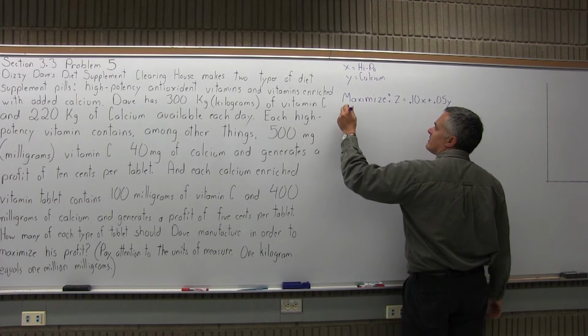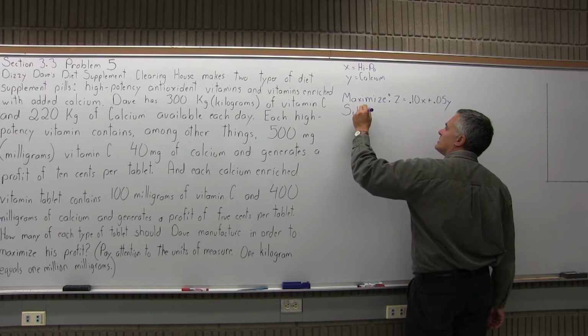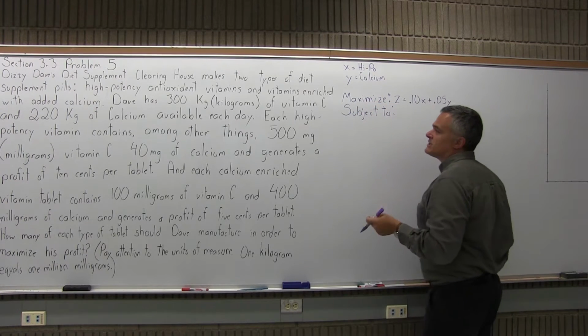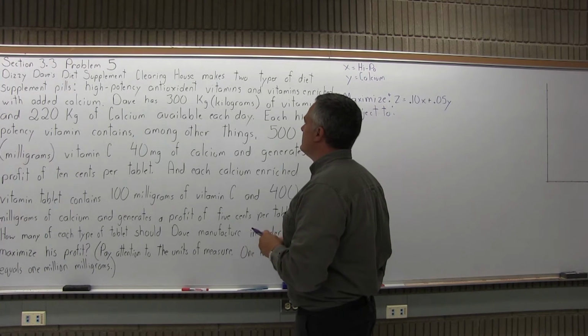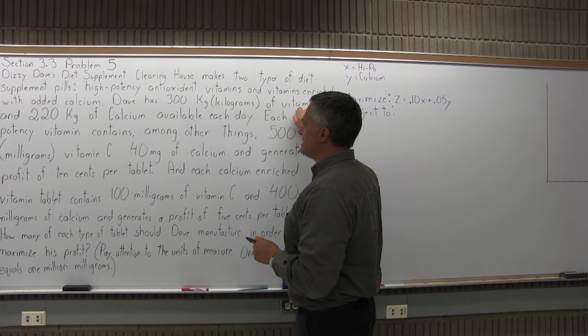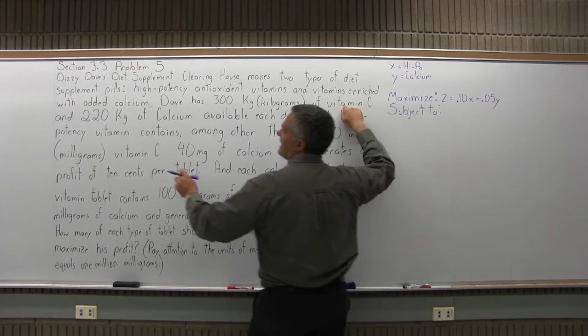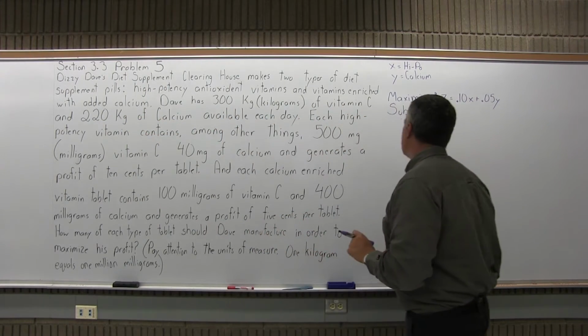Step 3, set up the constraints. So this is the most work. So, subject to. Now, what's going to limit how many vitamins Dizzy Dave can make is how much vitamin C he has. He has 300 kilograms, about 660 pounds, if you like pounds better, and 220 kilograms of calcium. So that's what's going to limit it.